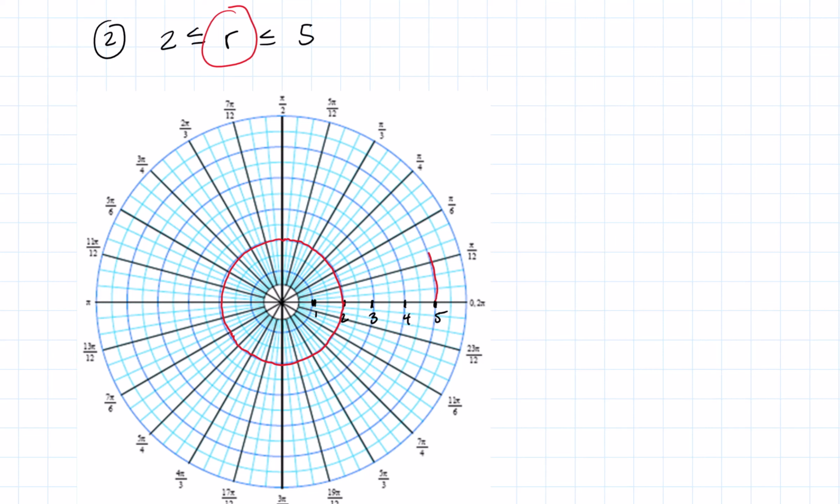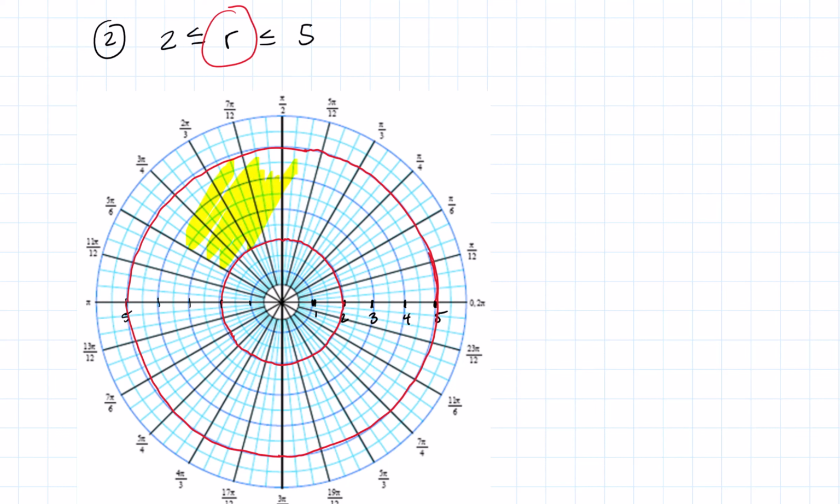So this is 1, and there was 5 there as well. I'll make sure I connect along the right circle and all the way around. There were no restrictions given on theta.